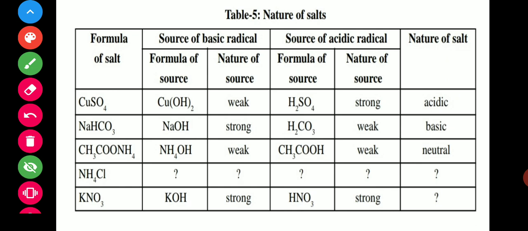The nature of salts is given in the table, as you have seen in your textbook. First of all, the salt is copper sulfate. The source of its base is copper hydroxide, so it is a weak base. The formula of its acid is H2SO4, a strong acid. For sodium bicarbonate, the source of the basic radical is sodium hydroxide, which is strong.